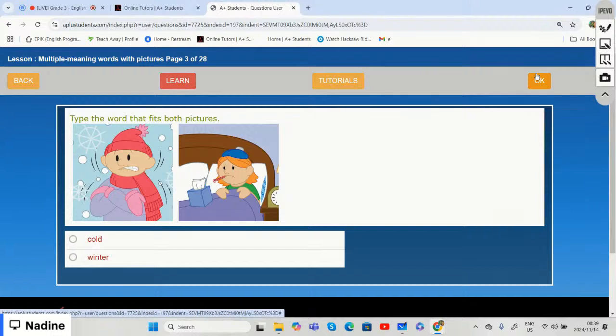And if we look at these two pictures, look at the first one and look at the second one. We need to say which word fits the pictures. Is it cold or winter? Which one fits the picture?